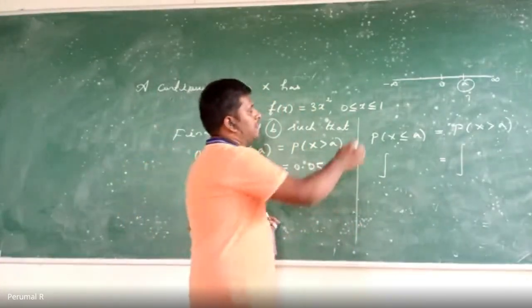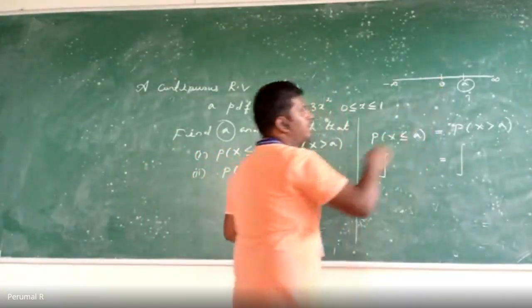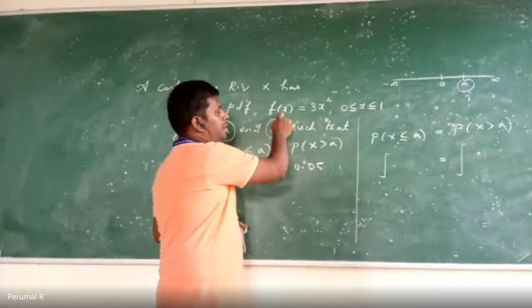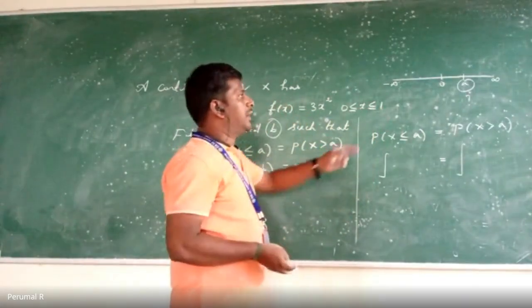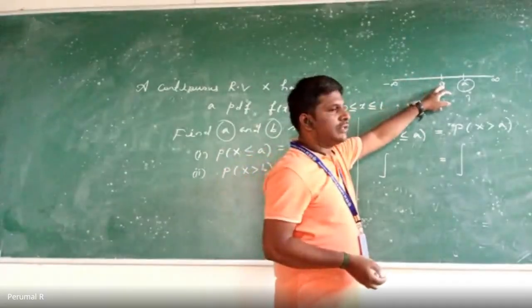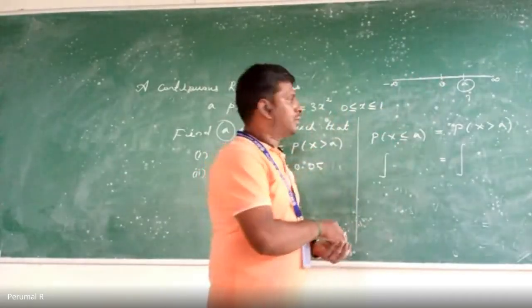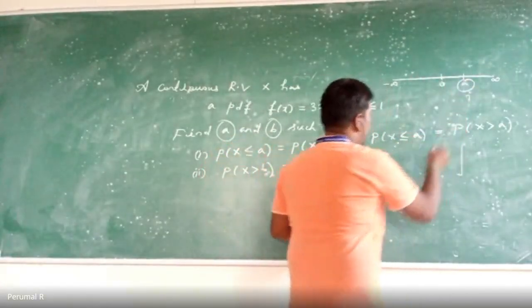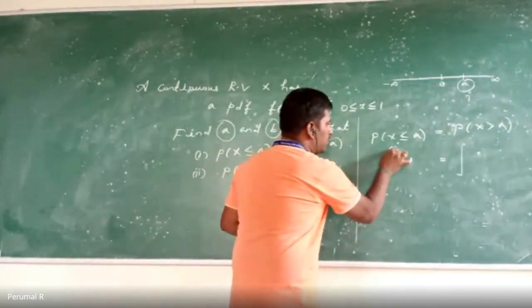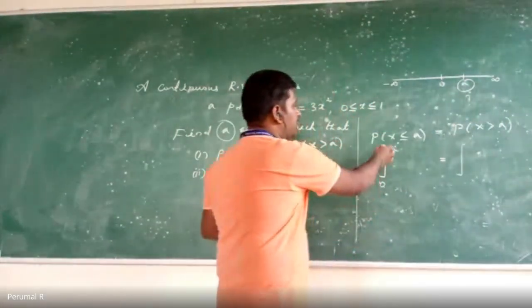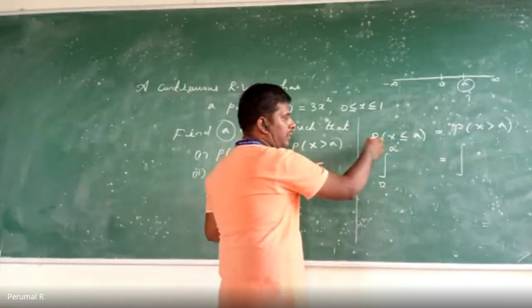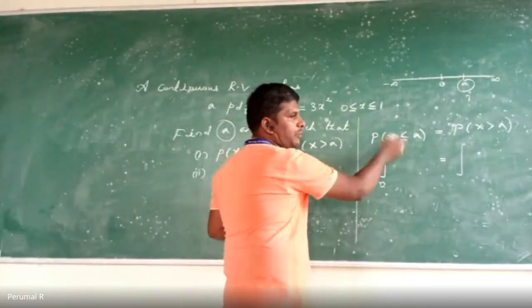Minus infinity to 0 means here this function is valid only from 0 to 1. Okay. First of all, 0 to 1. Therefore, from minus infinity to 0 the function is not defined. So now 0 to a we are considering only, because we don't know the value for a. a may be 0.5, 0.6, 0.7, you may get something.